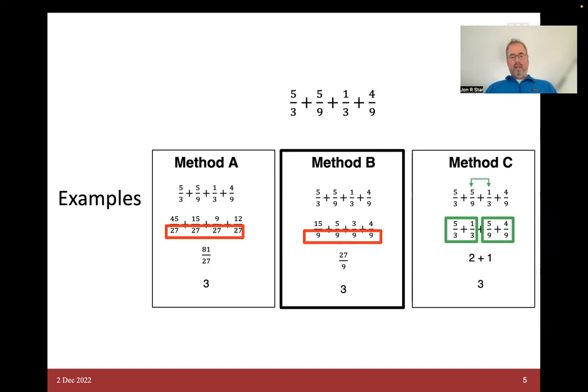Engaging in the conversation about the relative merits of particular strategies is a deeply mathematical and important conversation, a conversation that's an important part of what it means to know and do mathematics, and a conversation that our students, especially at the secondary level, should be engaged in.